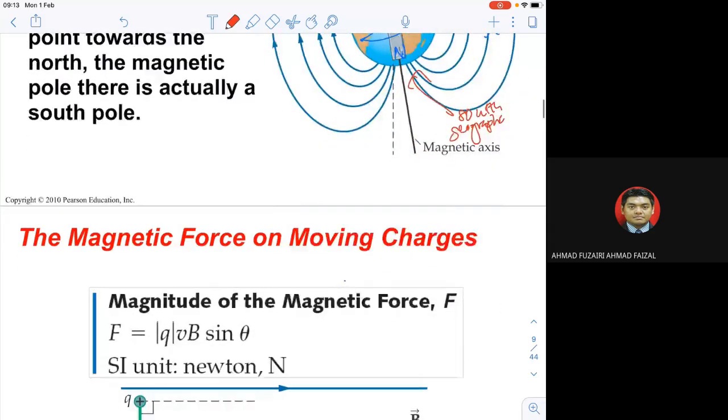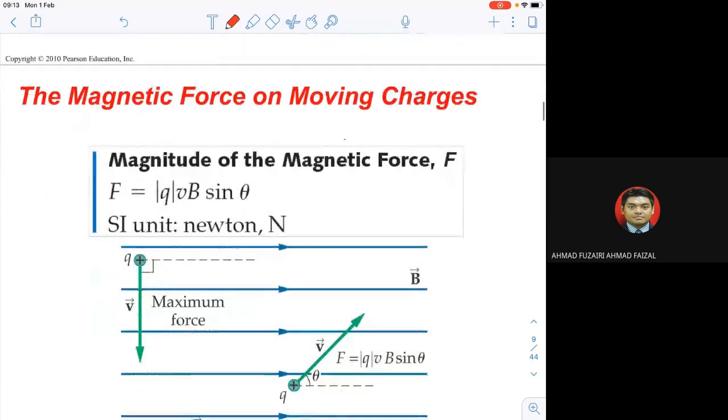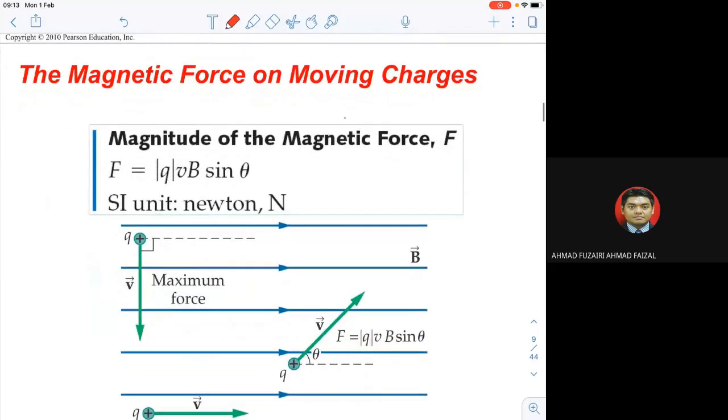Now we bring in the magnetic force on a moving charge. This is the magnitude of the magnetic force. Now we learn about moving charge, where the charge can be positive or negative.